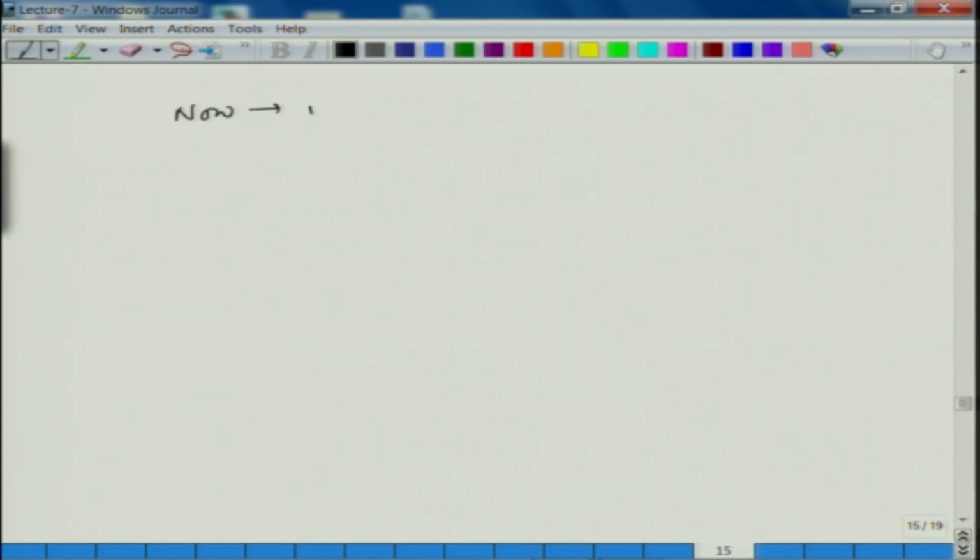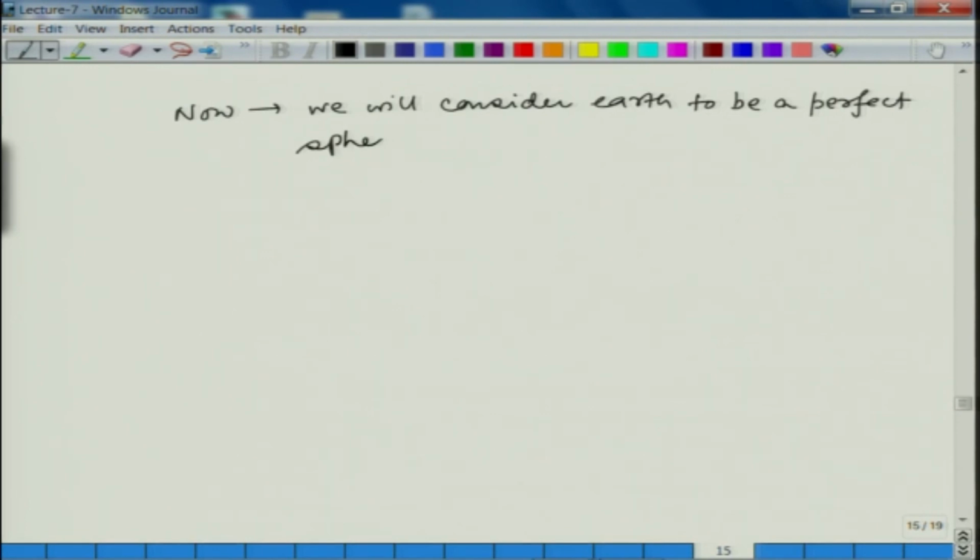Now we will consider earth to be a perfect sphere, which is closely true, but not exactly true. Okay.